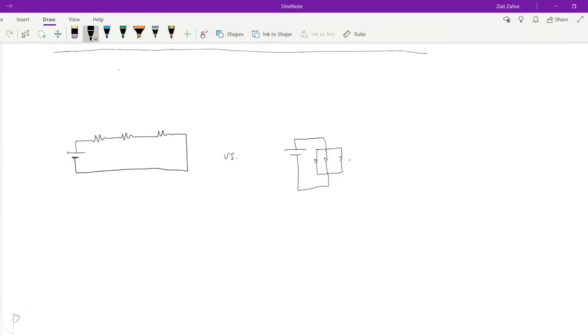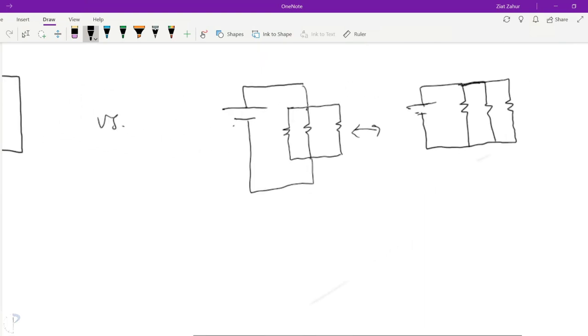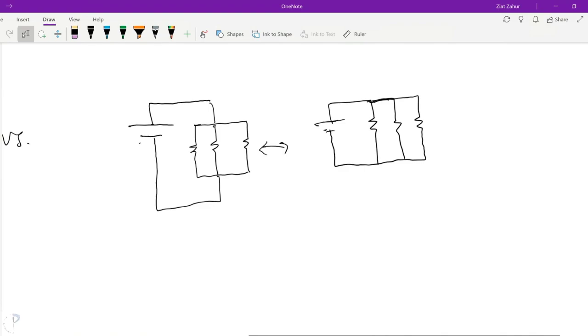Whether I draw it this way or the other way, it doesn't really matter. These are the same thing, so let me show you. If I drew it the traditional way, okay, so these are the same thing. Just look at the current flow.